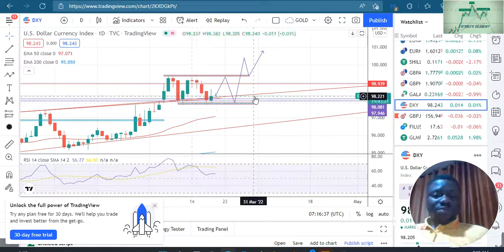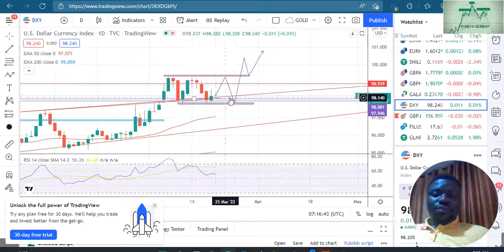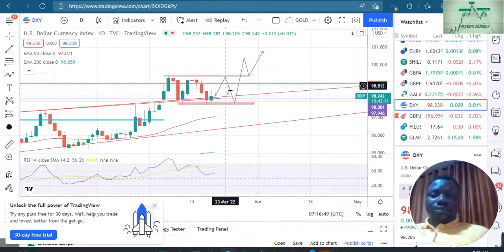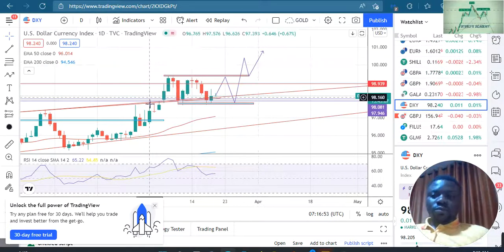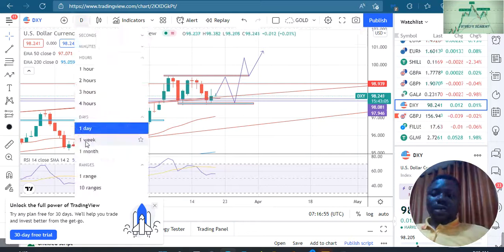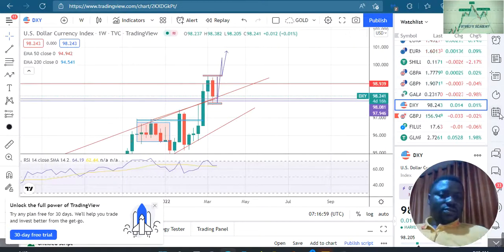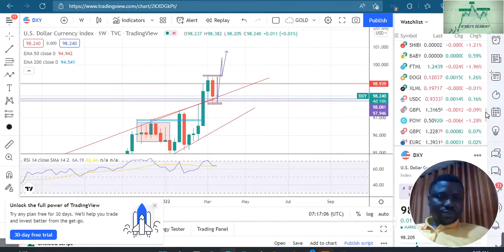So it simply means you have to be careful considering the current state of USD. Check it, and with that it will give you a guide to what can happen on other currency pairs.